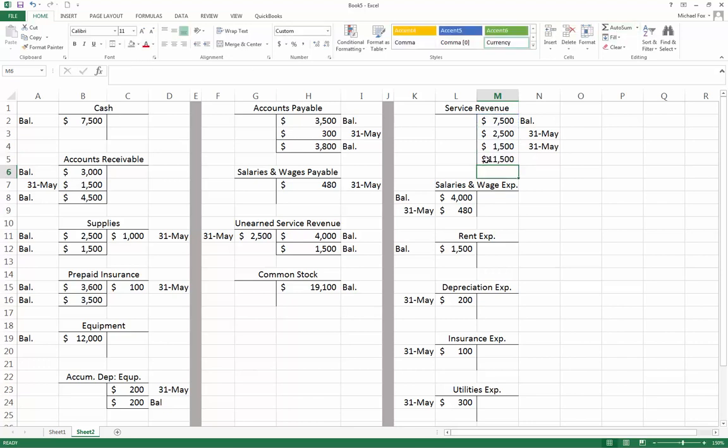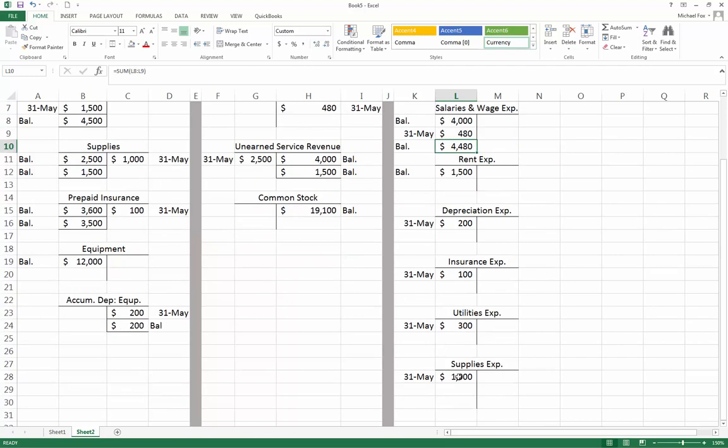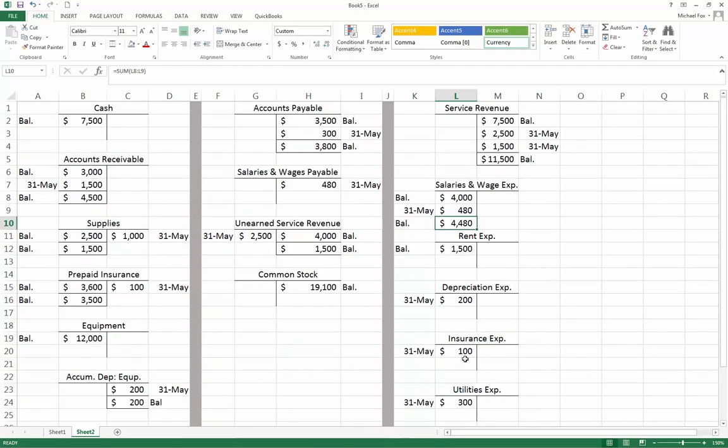So that's what we would expect. And then expenses have a normal balance on the debit side. Rent expense, depreciation expense, insurance, utilities, supplies. So now we have balances for all of these accounts.